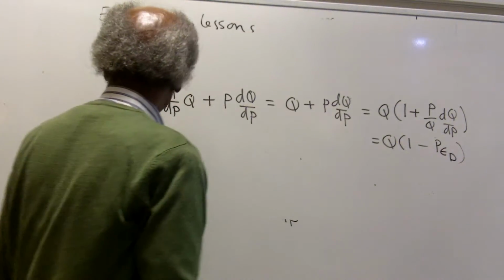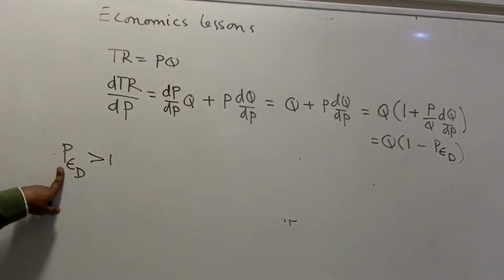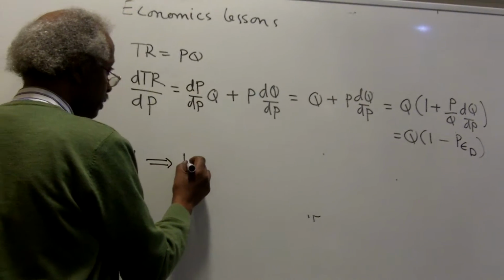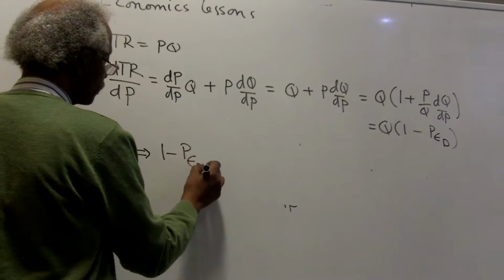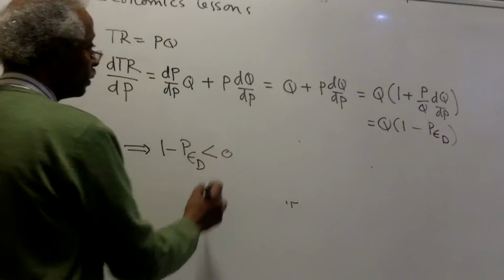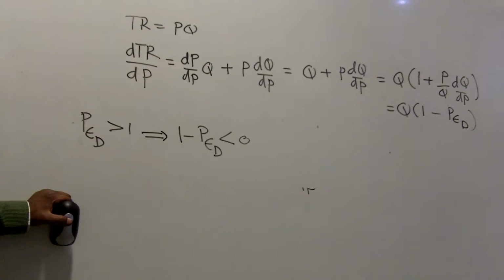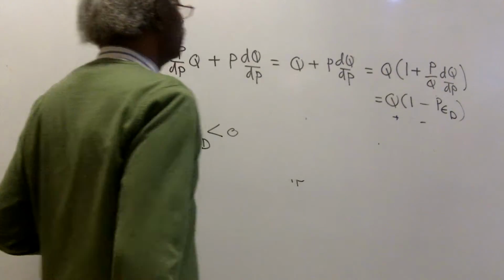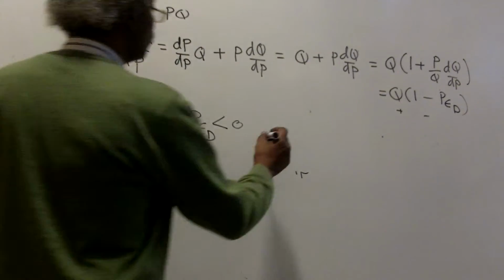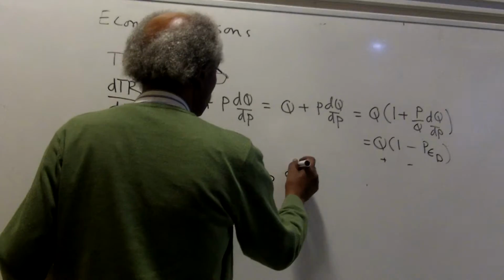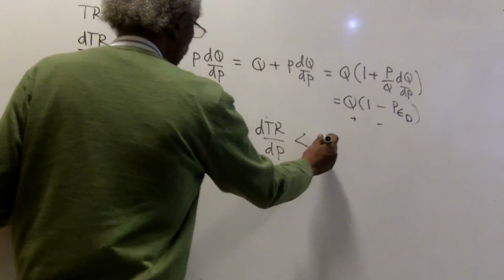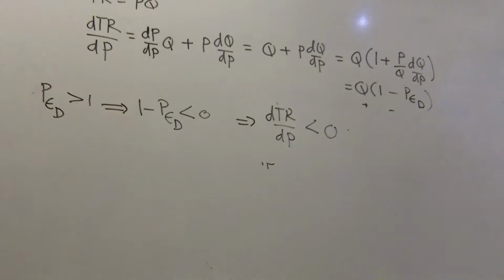Okay, now if the elasticity is greater than 1, then that bracket there is going to be less than 1, in fact negative. And of course, Q is always positive. So this is positive, this is negative, and therefore the derivative is negative.